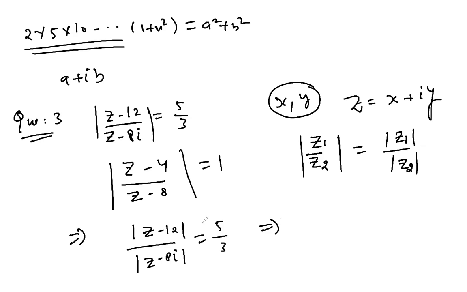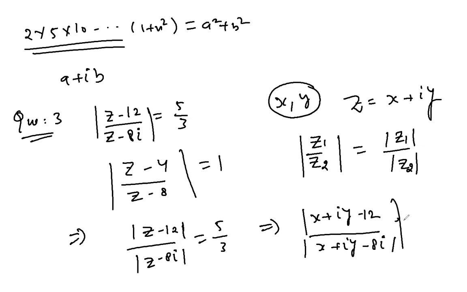Now substitute z by x plus iota y. Then in the first equation you have the modulus of x plus iota y minus 12, and in the second, the modulus of x plus iota y minus 8i, which is equal to 5 by 3. Now you can multiply it this way, and by taking the square, in the left hand side you get 3 square, which is 9, times the square of x minus 12 plus y square.